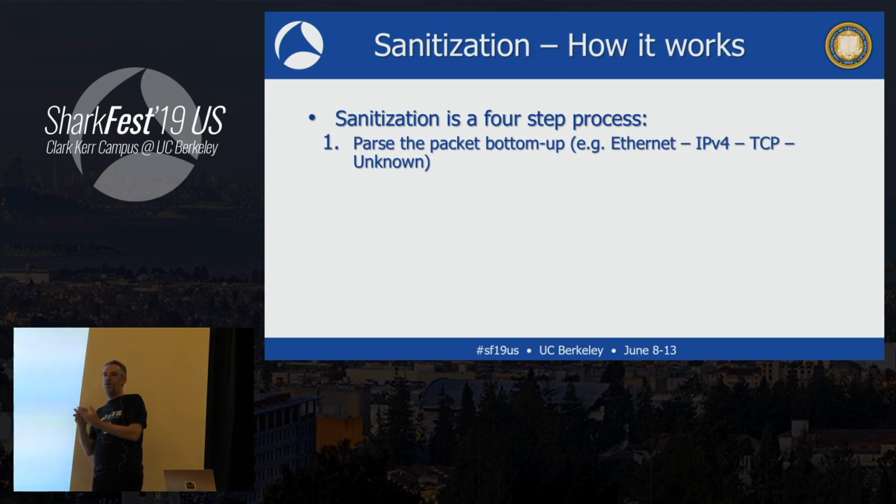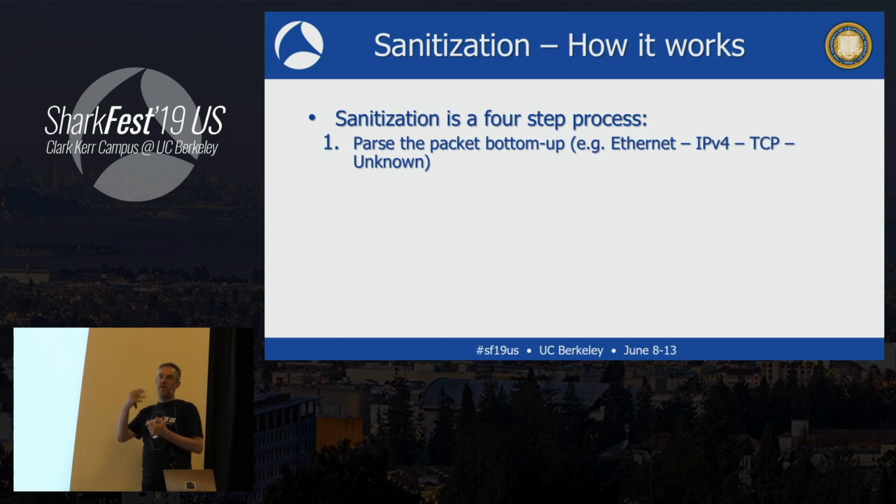Because you cannot anonymize anything if you don't know what it is. So the first step is always understand the packet as much as you can. If you hit something that you can't understand anymore, and TraceWrangler doesn't have so many protocols, so at some point it will stop doing that. For example, HTTP is not in there yet. If it hits HTTP, it's like, I don't know what this is, and it considers it unknown payload, right?